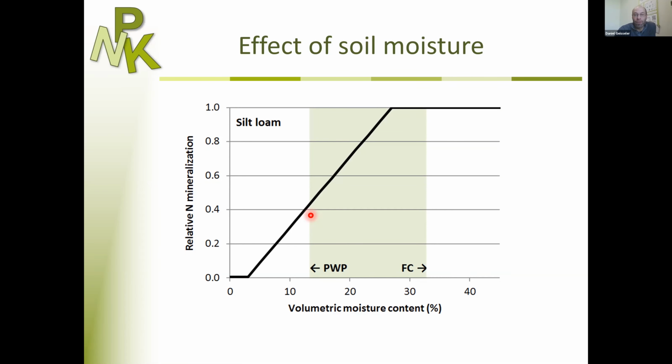But when soil moisture drops even below the permanent wilting point, then it becomes too dry for most soil microorganisms, and nitrogen mineralization is very low or even stops when the soil is very dry.